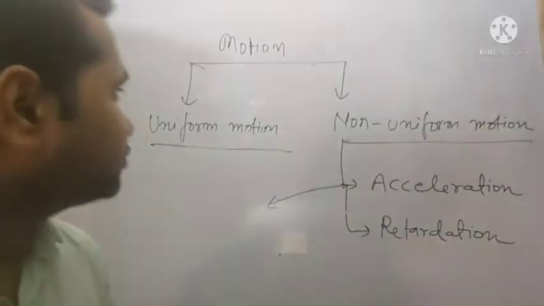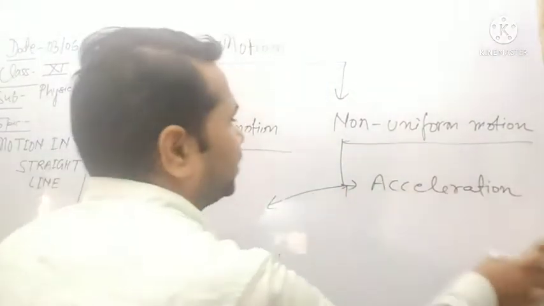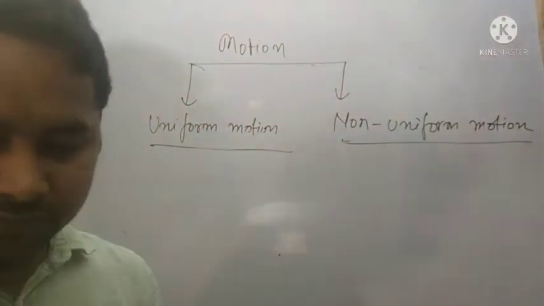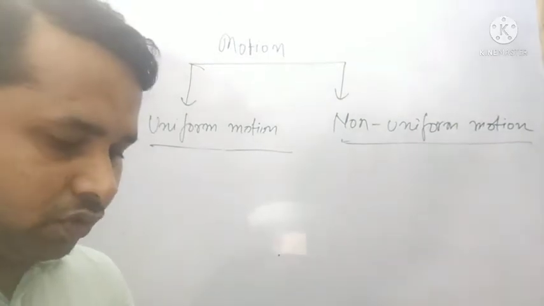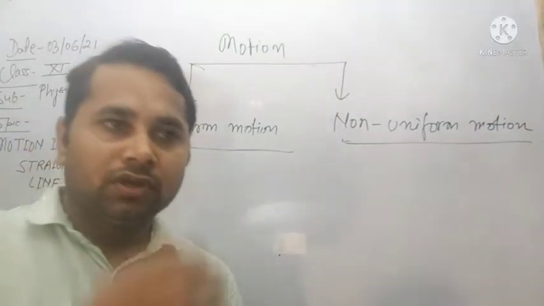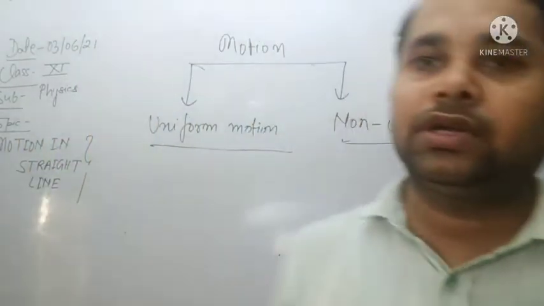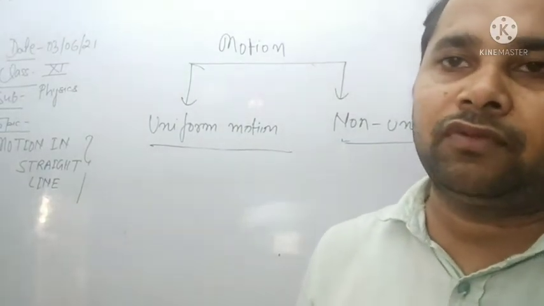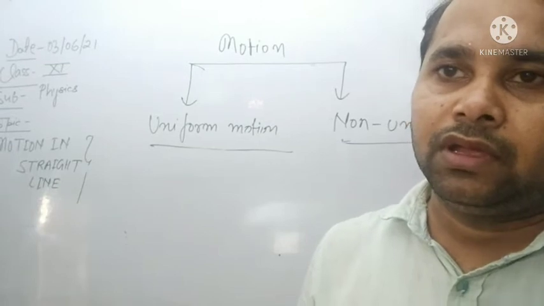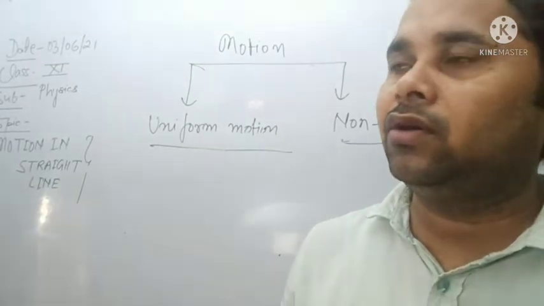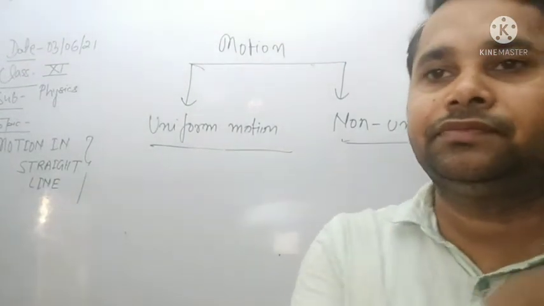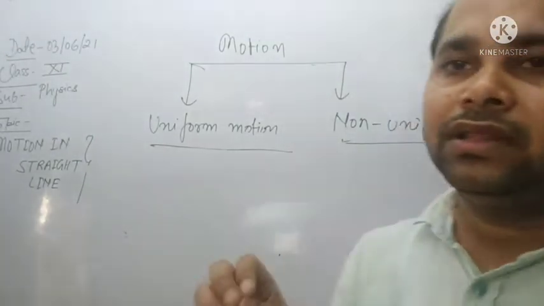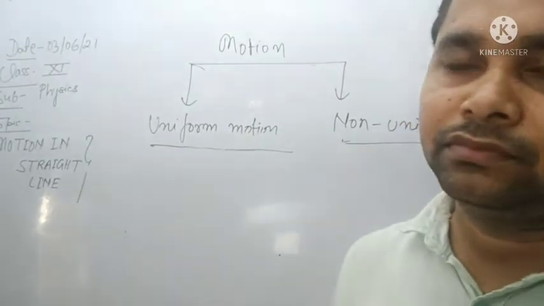Okay. And also we have learned about the graphical representation of different types of motion. So I suggest you should go through the chapter of class 9, the chapter name is motion.